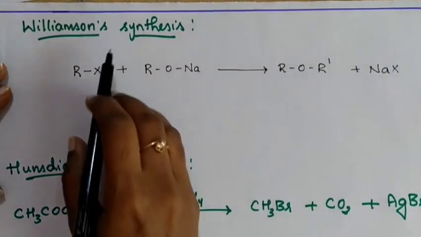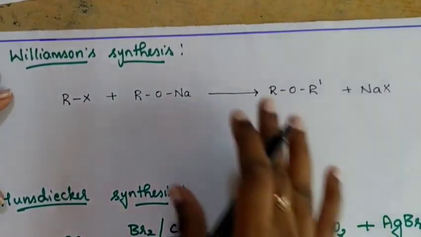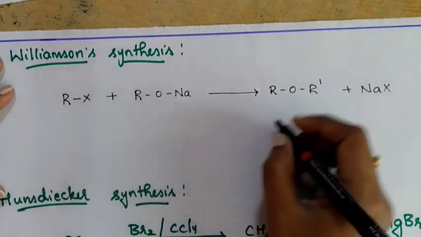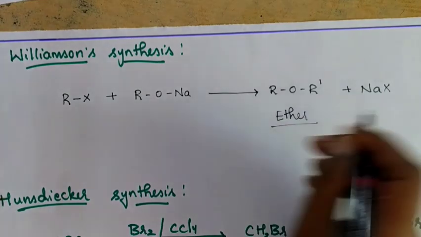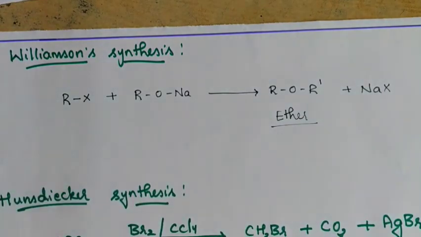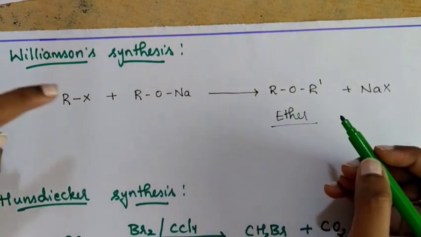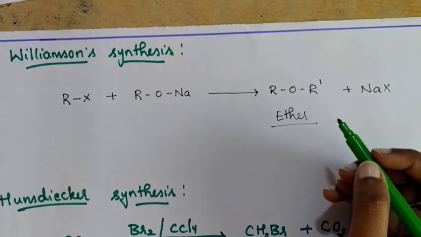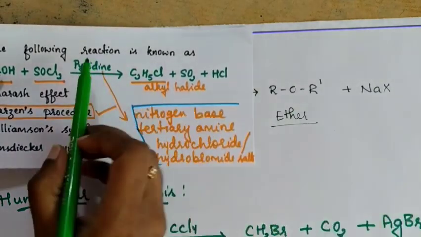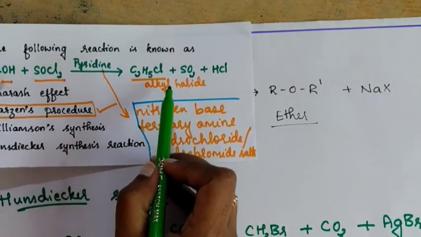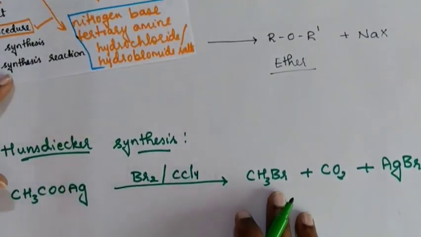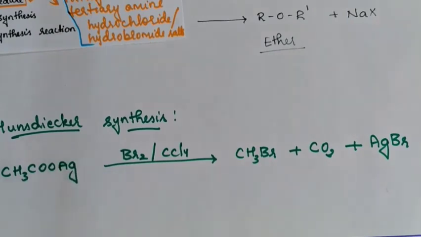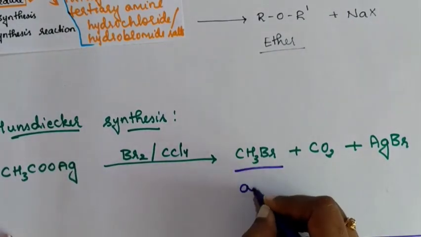Option C, Williamson synthesis, is one of the very famous methods for the preparation of ether. By using Williamson synthesis, we can prepare ether. So this is not the answer for our question, because in the product we have alkyl halide. And Hunsdiecker synthesis: the interesting thing is, here also you can prepare the alkyl halide, like methyl bromide.